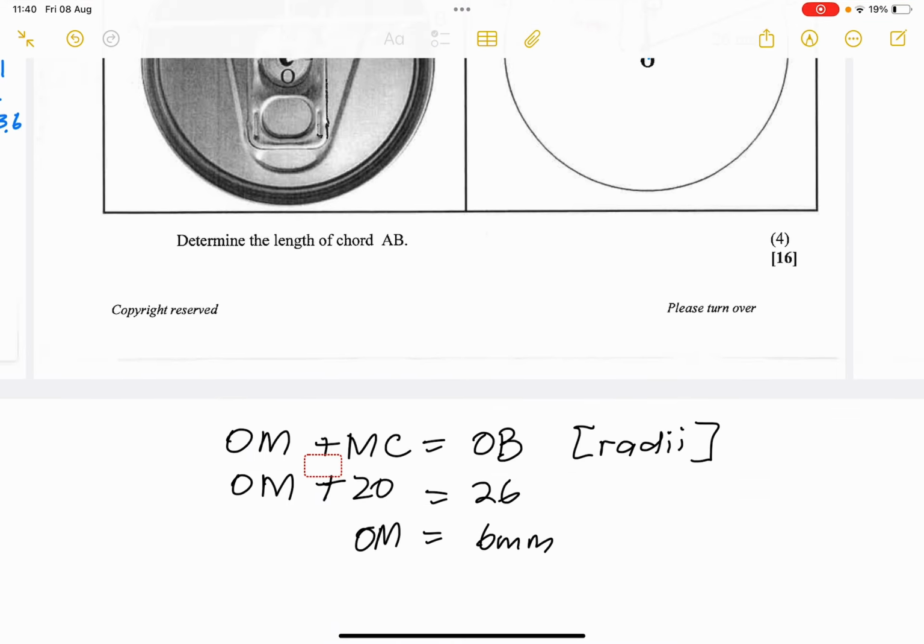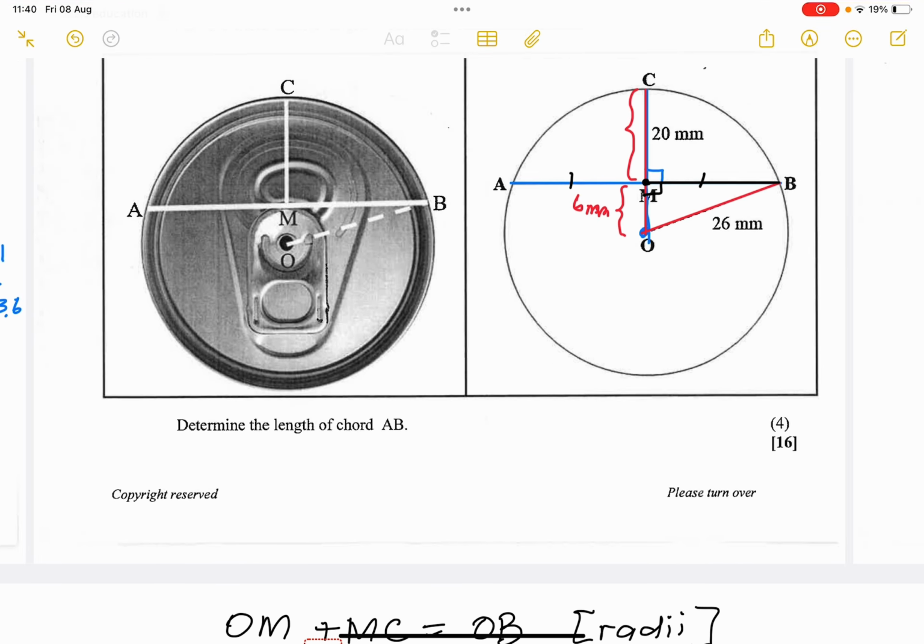But now we know that OM is perpendicular to AB.